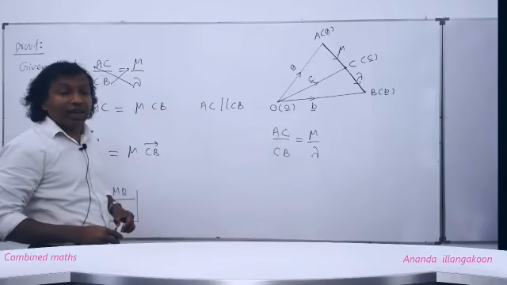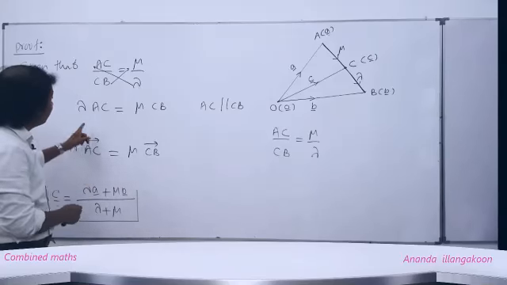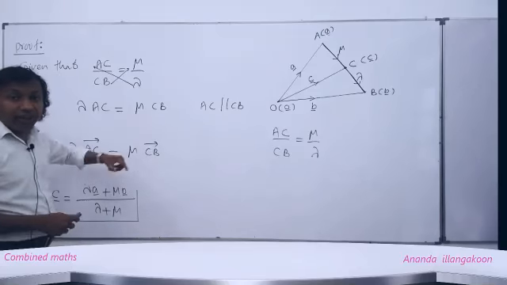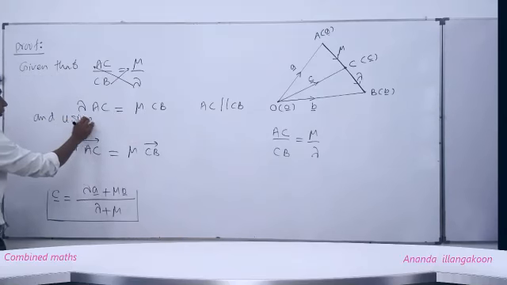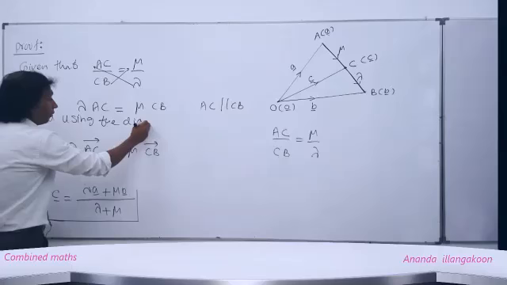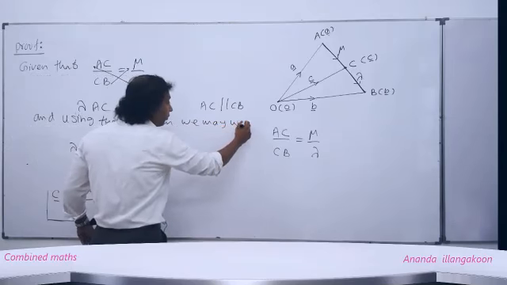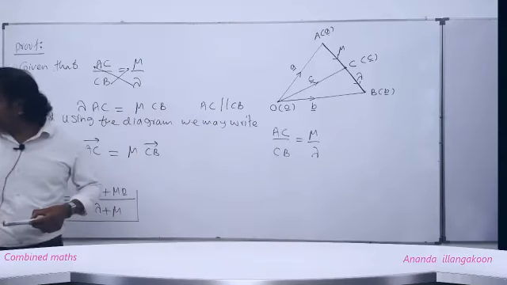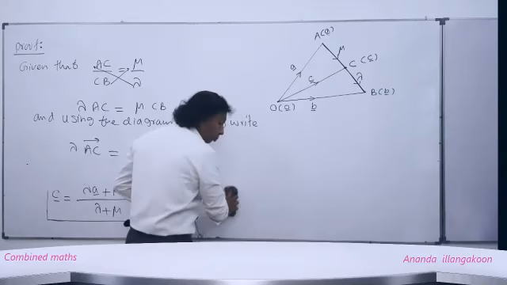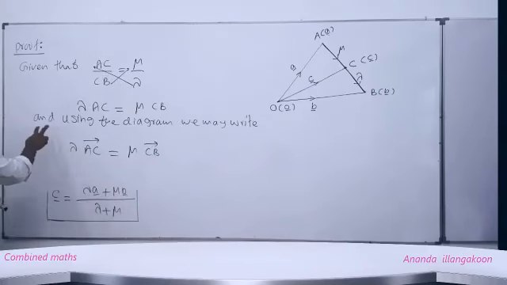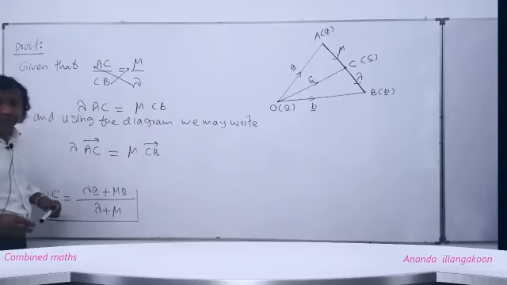Together, using the diagram, we may write lambda AC is equal to mu CB. Understood?